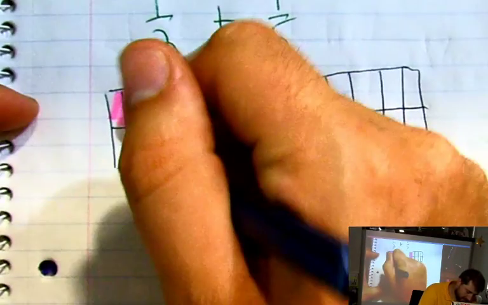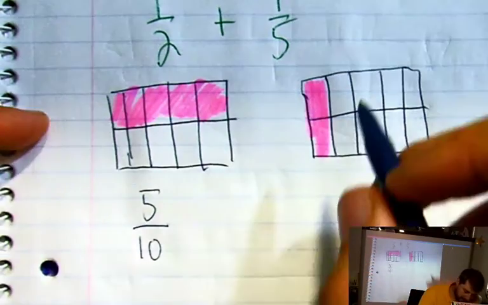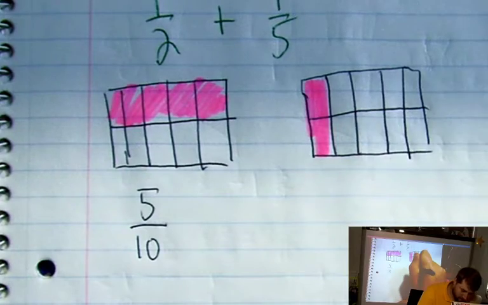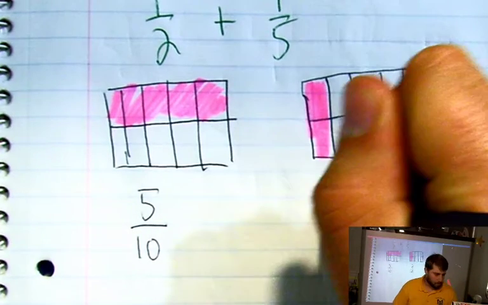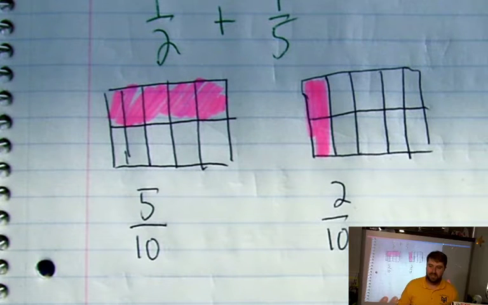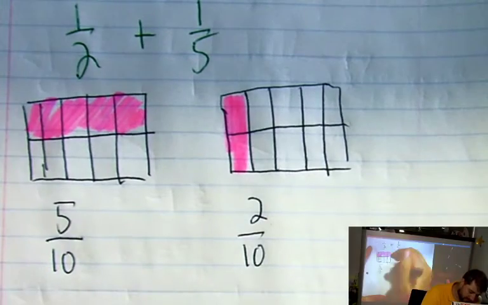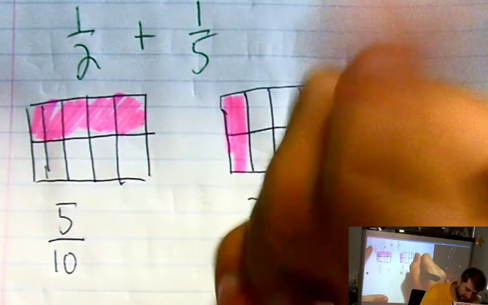And then we have 10 total parts altogether. Over here, we had 2 shaded parts out of 10 total parts altogether. And now that we have our unit of tens, we can just add these two fractions together. 5/10 plus 2/10 equals 7/10.